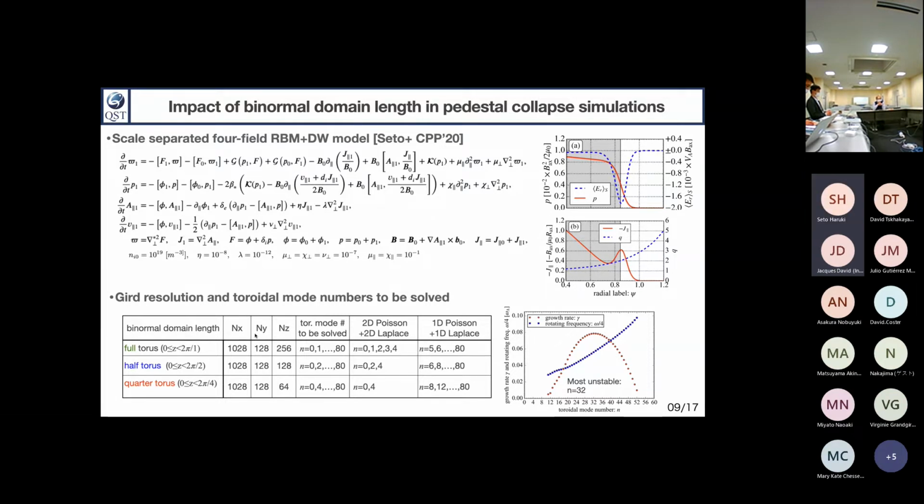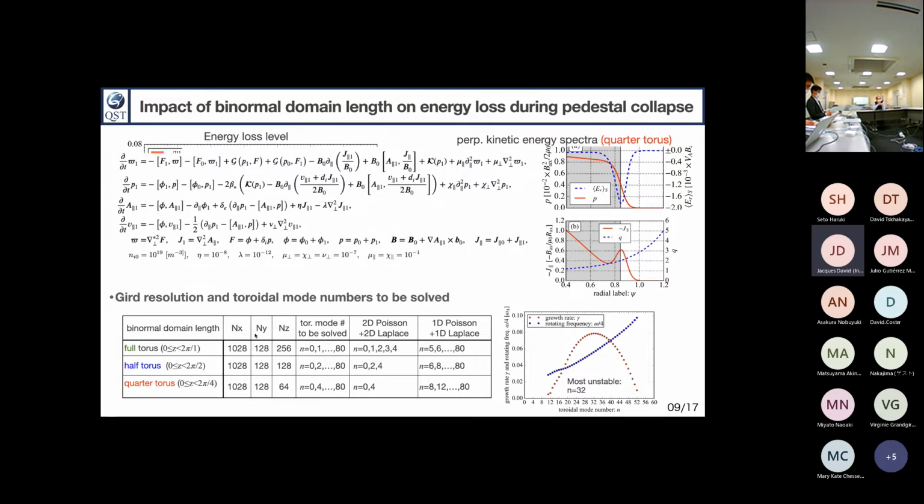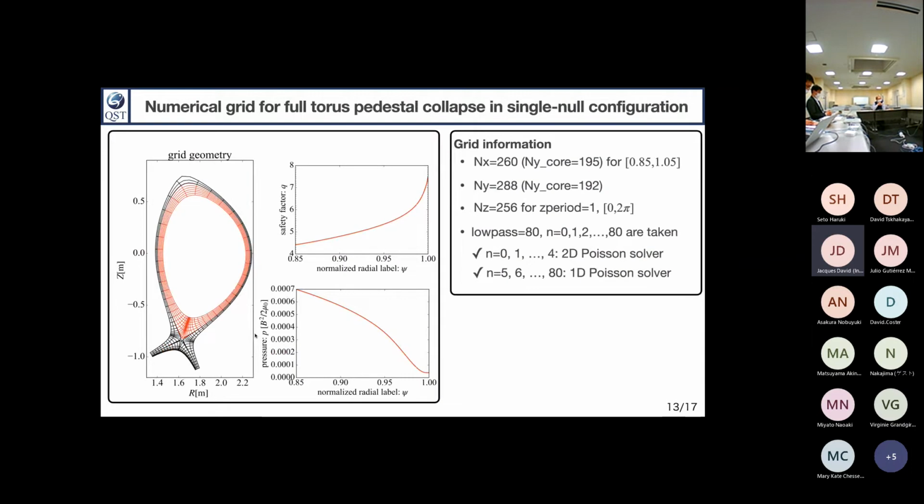I have one question. You say that for the X point configuration, this 2D Poisson solver is especially necessary for numerical stability. What is the difference between the circular and the X point case? What makes it difficult for numerical stability in this case?